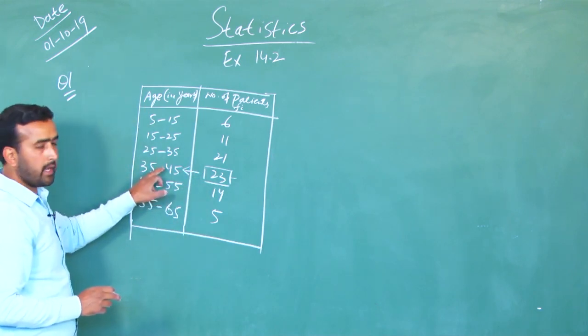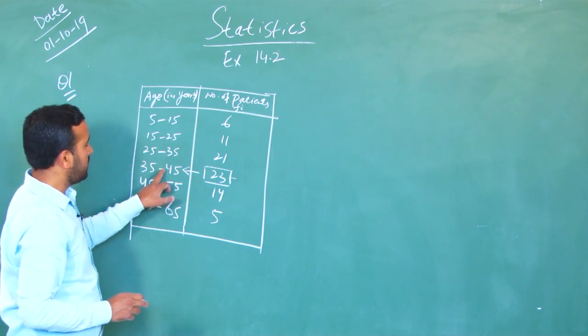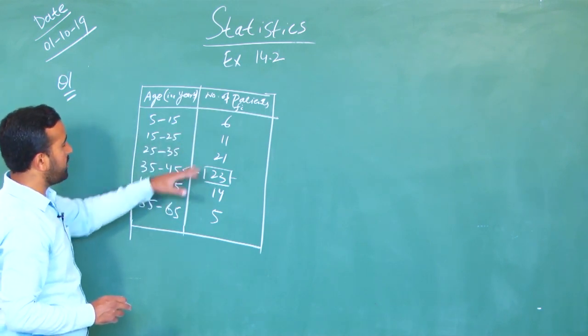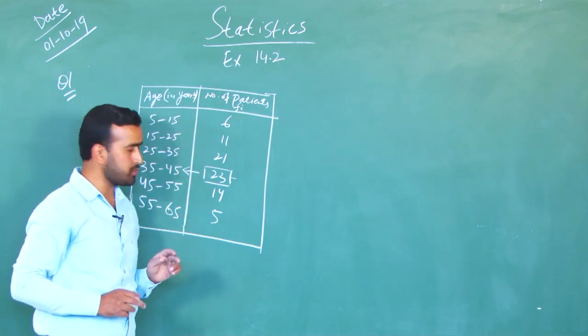This class 35 to 45 is taken as the modal class, as it has the highest frequency, that is 23.